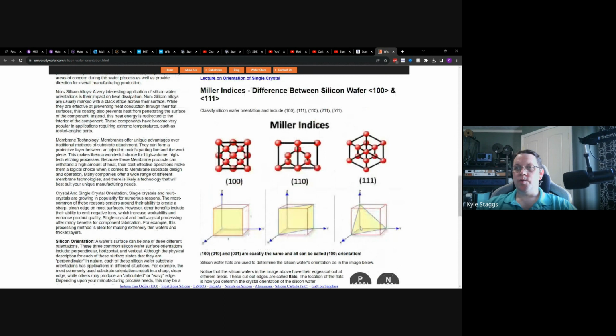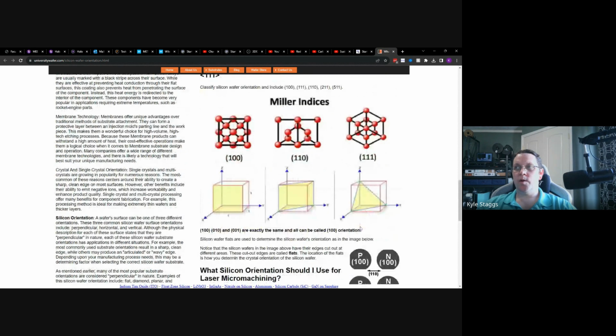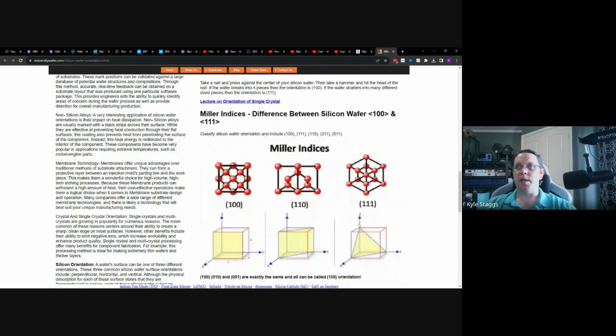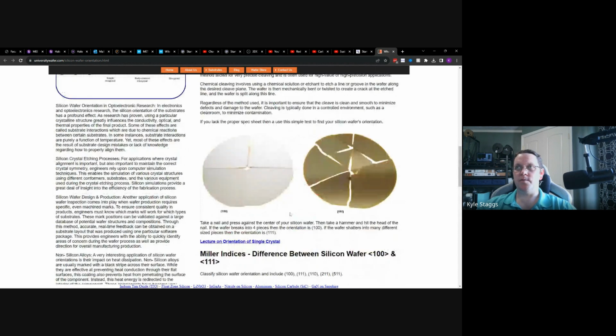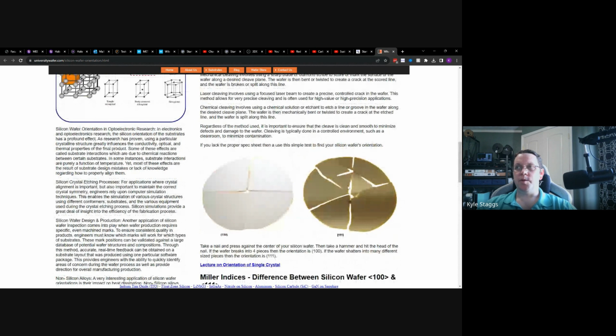It's used to determine where and how to cut the crystals because they will fracture very differently. So this is a quick way to tell. 111 is always going to fracture triangularly. 100 is always going to fracture along planar lines. Always.